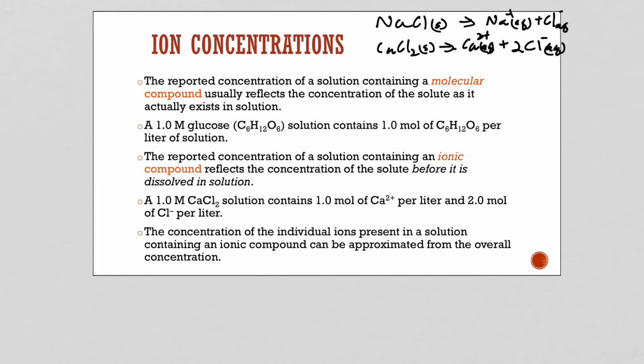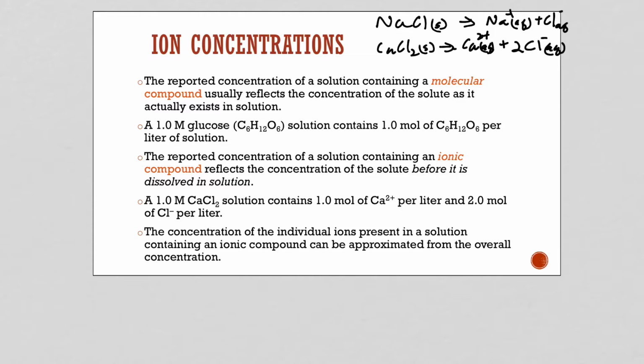And so we just have to think about 1 number, right? But if we're thinking about ionic compounds, we can think about the concentration of the solution, which is what we typically do. So the reported concentration containing ionic compound reflects the concentration of the solute before it was dissolved, right? So it's how many moles that you dissolve in the volume that you're dissolving it in.